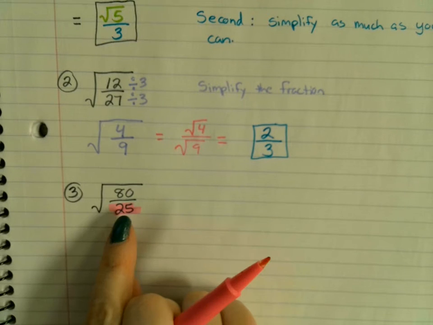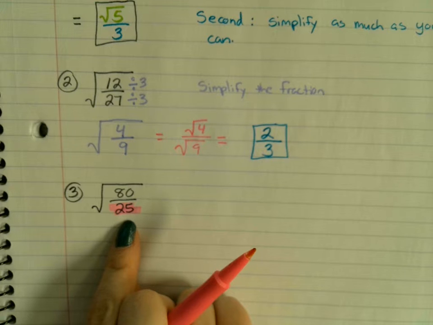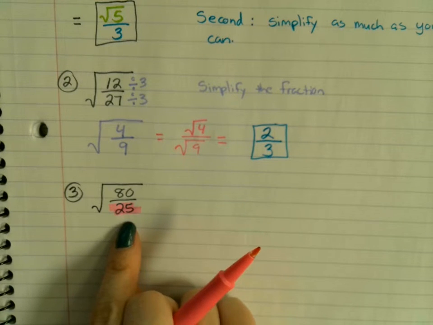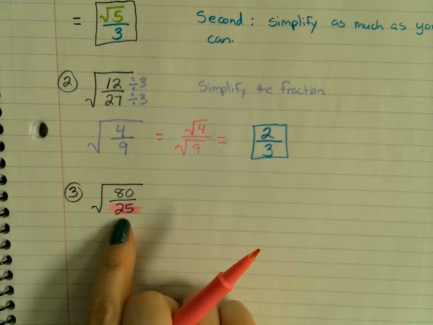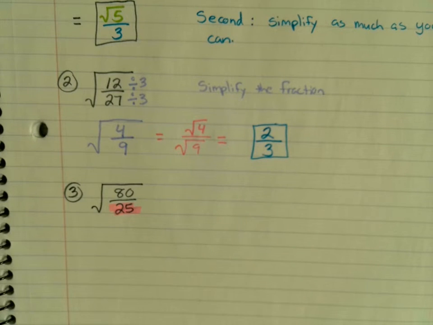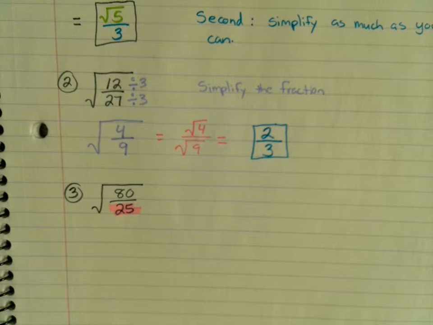That is the number one rule for fractions. You are not allowed to leave a fraction with a radical in the denominator. It will then be considered wrong. So if I were to have divided both by 5, I'd be left with square root of 5 at the bottom. Then I'd have to go through and do what's called rationalizing, which is just an extra step if I already know I've got a square root that's perfect here.